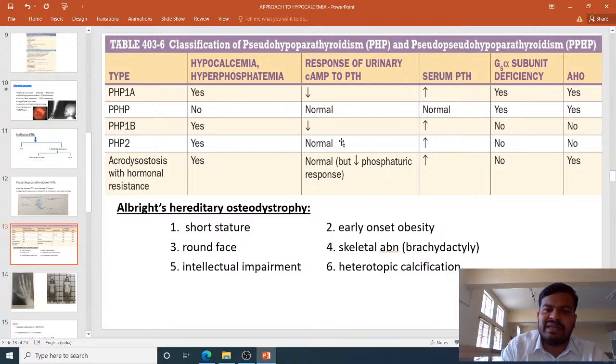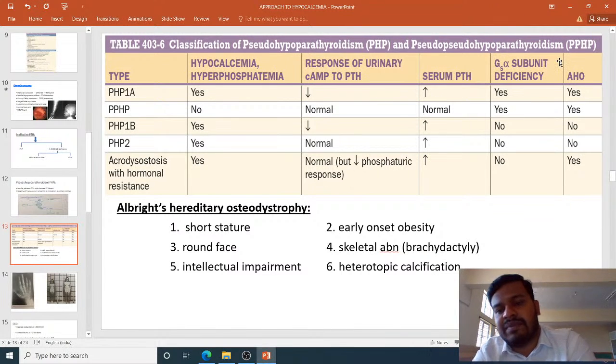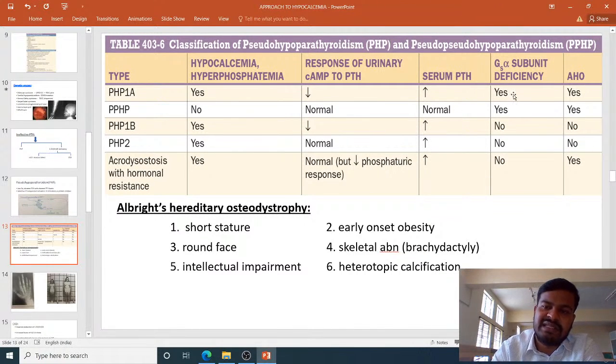Coming to the classification of pseudohypoparathyroidism. What happens in pseudohypoparathyroidism 1A? There is hypocalcemia and hyperphosphatemia, and the urinary cyclic AMP response to PTH is reduced, serum parathormone is increased, and there is Gs alpha subunit deficiency.